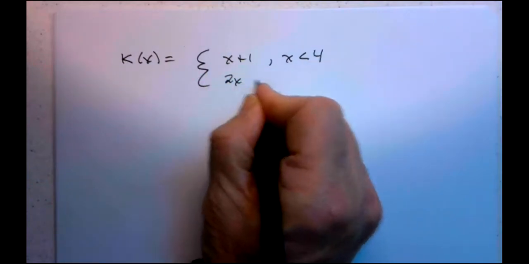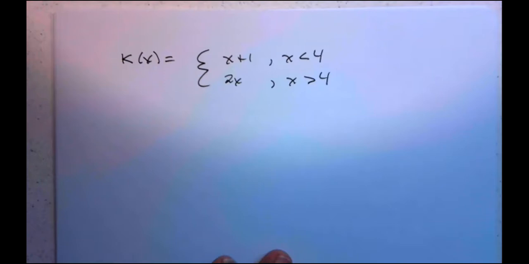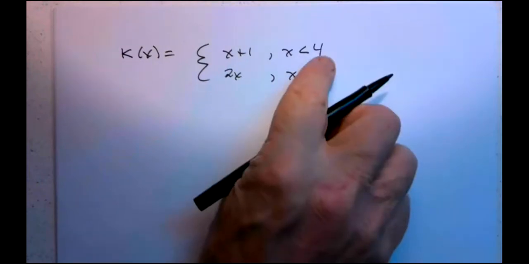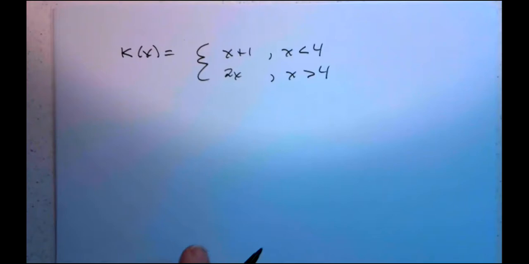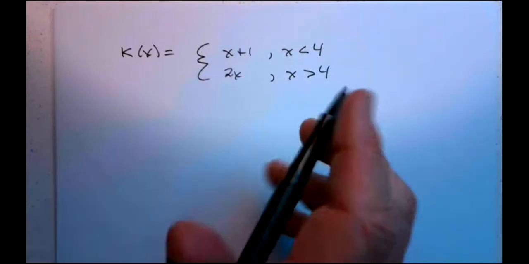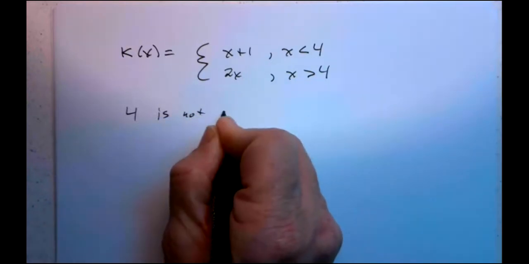It equals 2x if x is greater than 4. Do I have to think about this much? It's certainly continuous to the left of 4. It's certainly continuous to the right of 4 because those are both polynomials. But what's happening at 4? Do I need to look at the limit? The answer is no. Even though the limit does not exist, the limit will be different. But I don't have to do that because I recognize 4 is not in the domain of k.